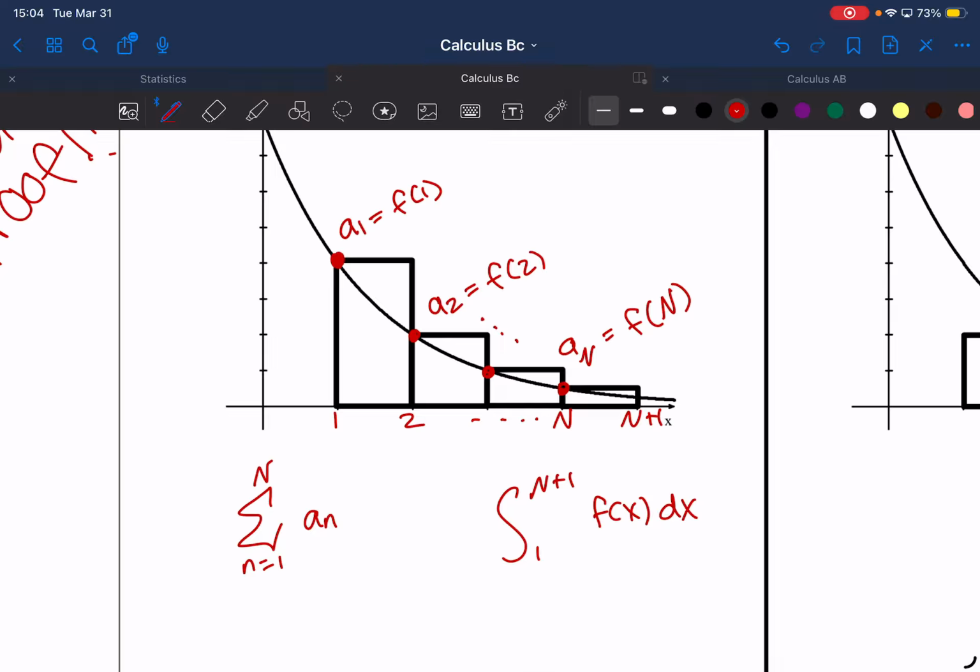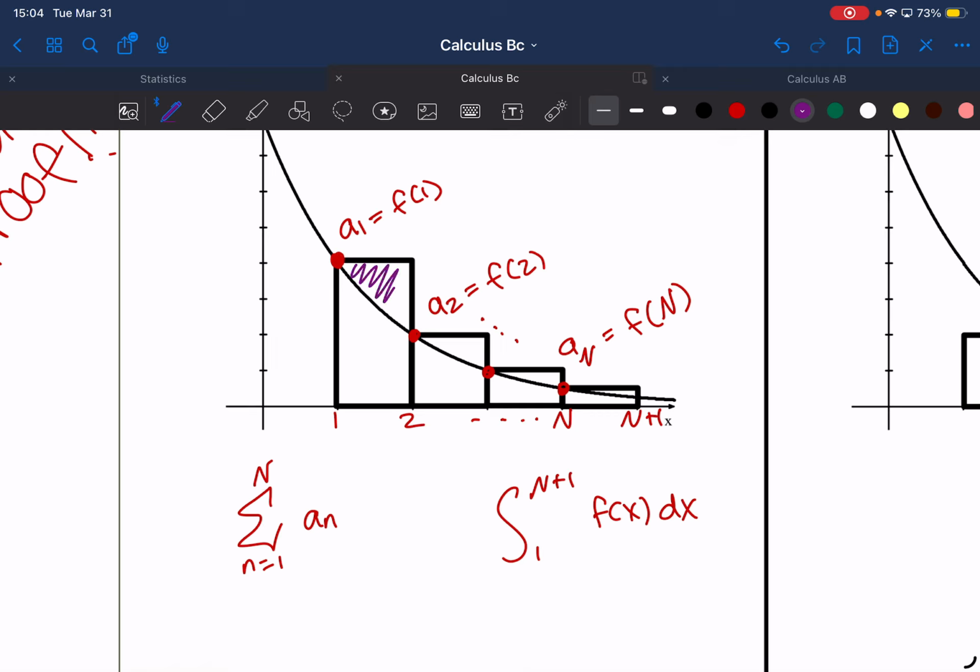So now we have to correlate these two things in some way. We have the summation and we have the integral. So looking at all these rectangles, remember when we did Riemann sum, we talked about an over and under approximation. So based off of this Riemann sum, would this be over or under? Over. How do we know? Good.